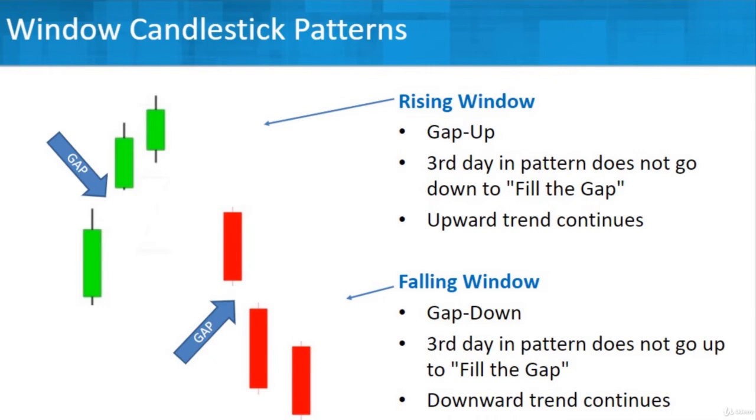It doesn't go up to fill the gap and maintain more overlap. It's going to keep going down. And so that's a falling window, and really a confirmation that the gap is a true gap, that a trend is being established, and that the trend is going to continue.